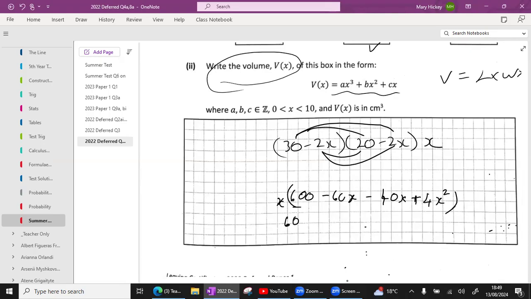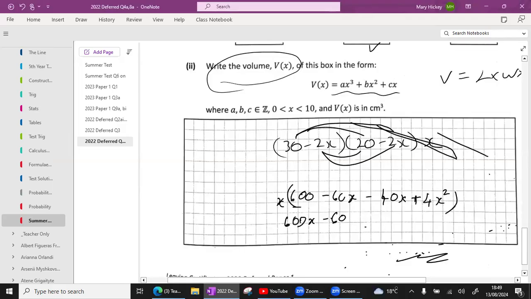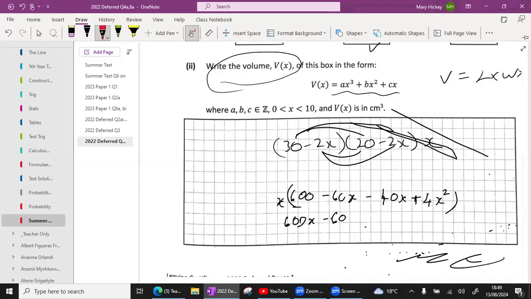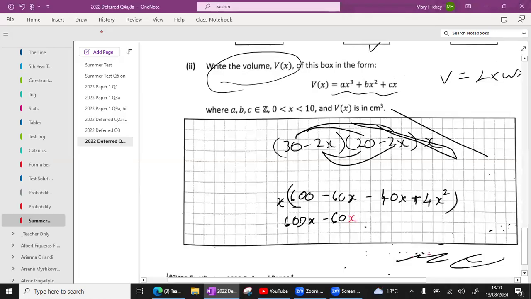So it's going to be 600x minus 60x squared, minus 40x squared, minus 40x.